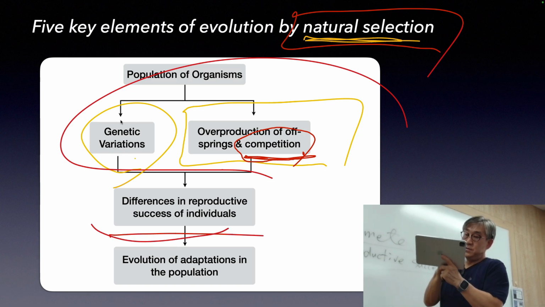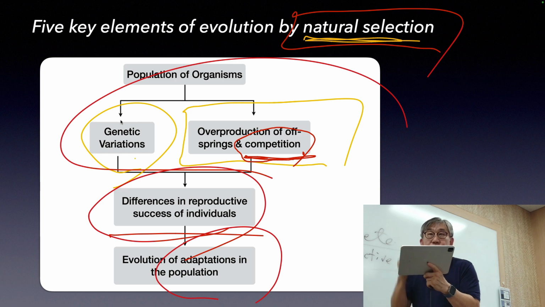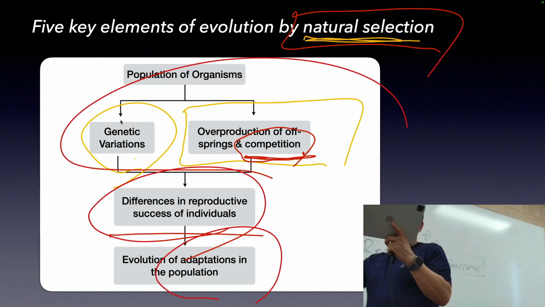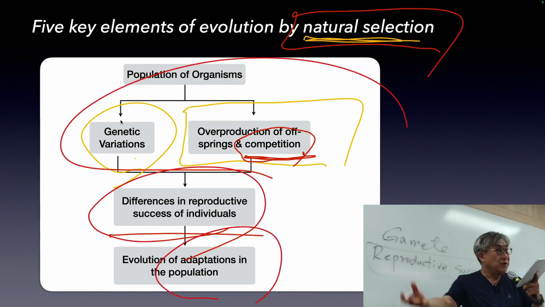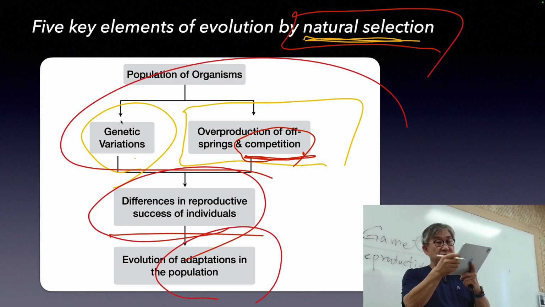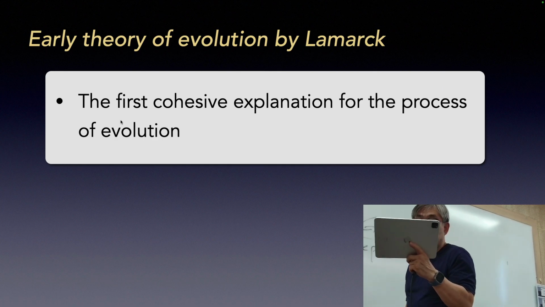Then these differences in reproductive success occur, and only those who can display a better adaptation ability will be able to reproduce more and more. It's the procedure through which evolution occurs.